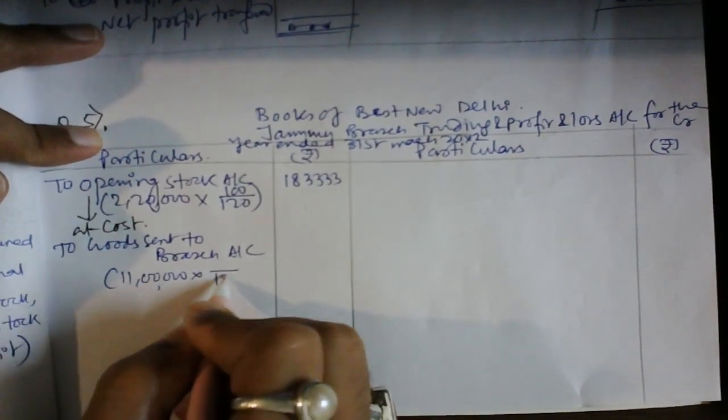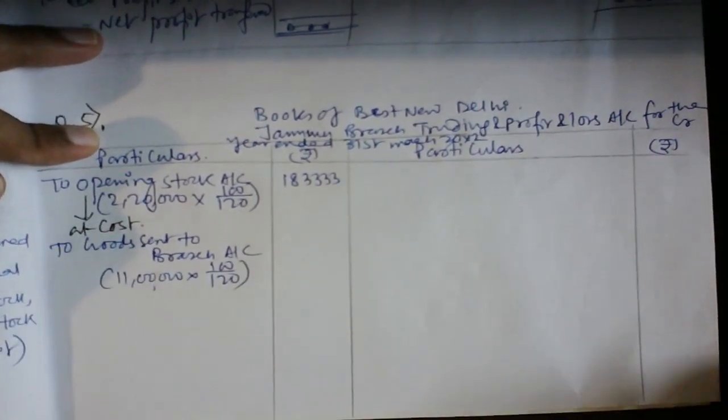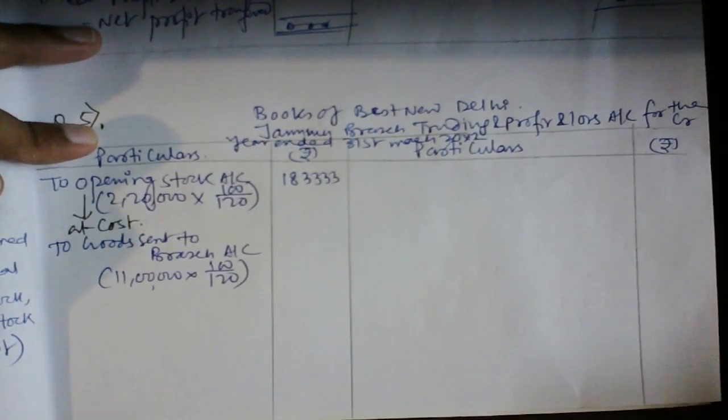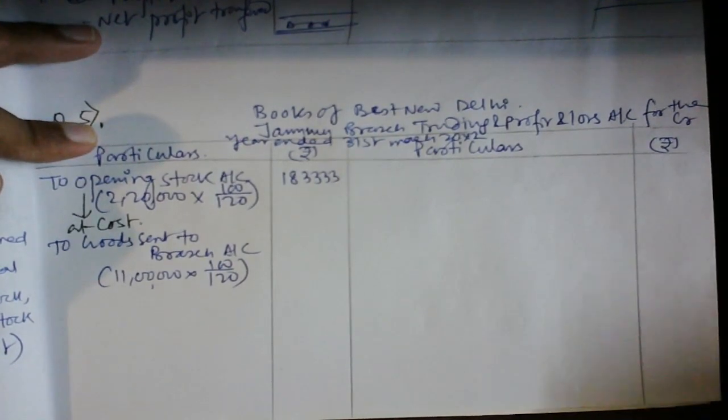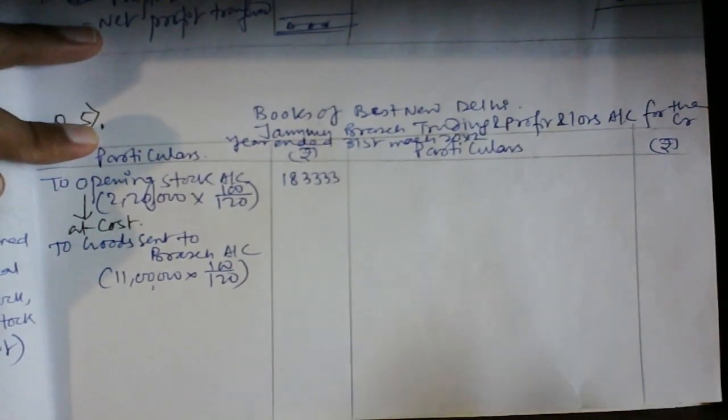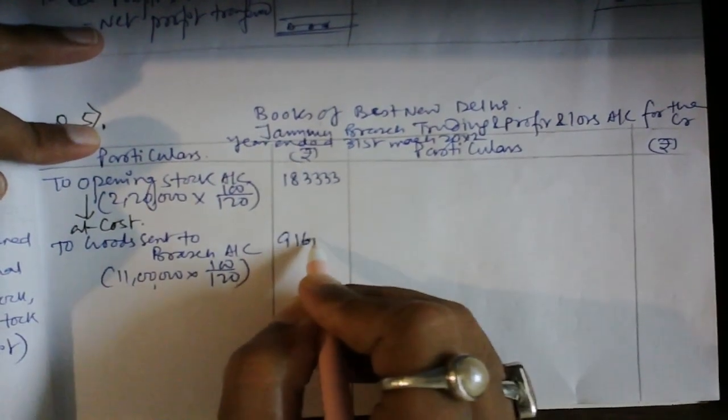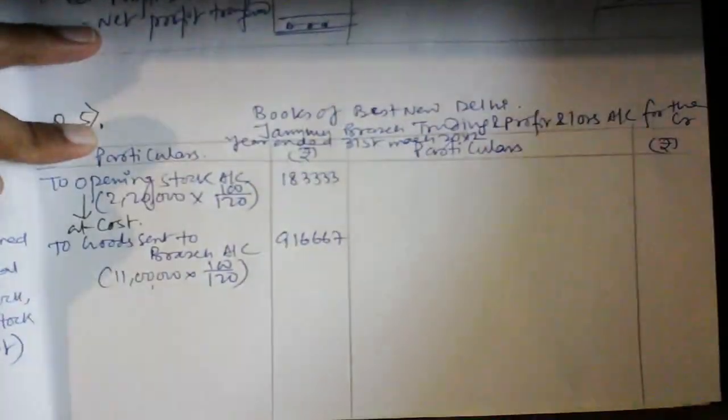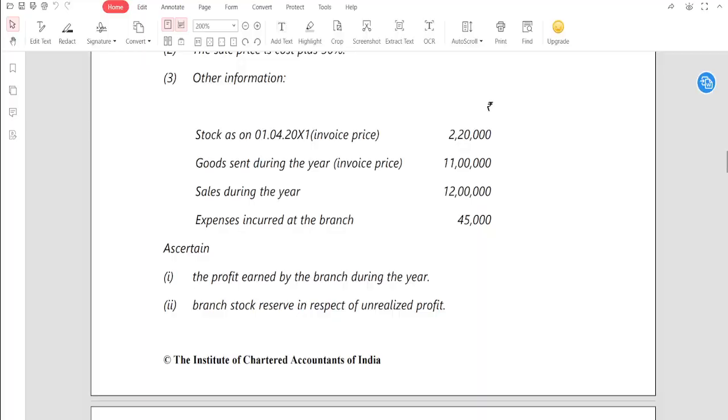Definitely it's nothing but 120 का वैल्यू है. एक्सो का वैल्यू कितना होगा कैलकुलेट कर लीजिए. I'm getting 916,667.